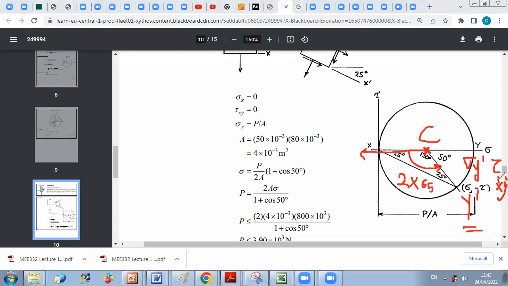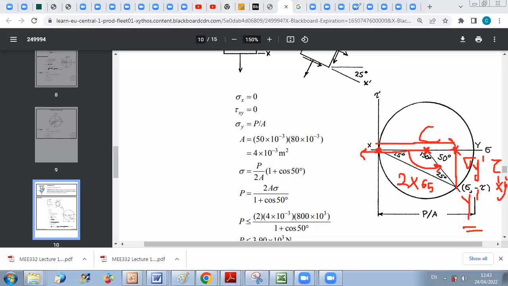Now, looking at my figure here, I want to determine these values. I do the projection. Sigma y prime represents this distance from the origin here till this point.